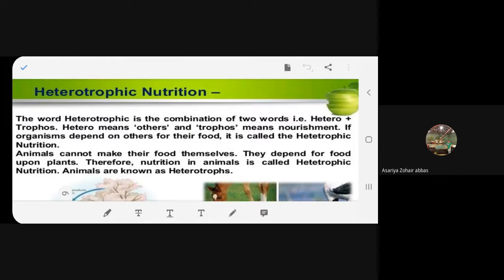combination of two words, hetero plus tropos. Please don't read like that.